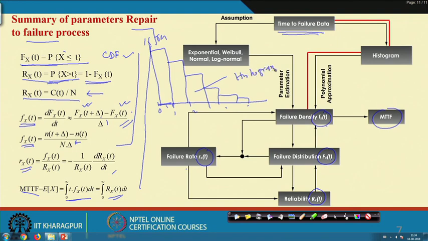So, what is a histogram? The variable here is t, the time to failure. You arrange the times to failure in ascending order, then create intervals. Here we create intervals of 1 unit of time, 0 to 1, 1 to 2, like this. Then you find out within 1 unit of time how many fail, this is the frequency, and within 1 to 2 how many fail, like this.